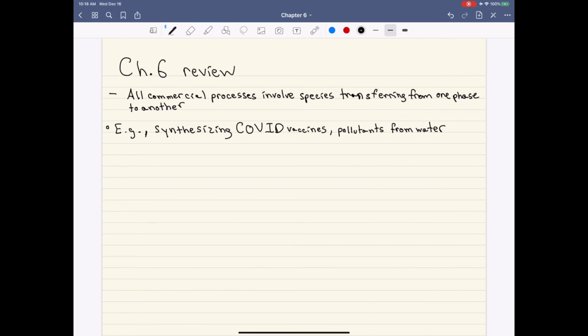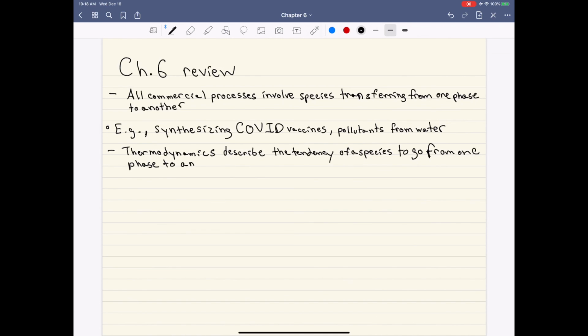Right? And to understand this phase behavior, we're going to turn to thermodynamics. And so thermodynamics is going to give us tools that will allow us to describe the tendency of a species to go from one phase to another.